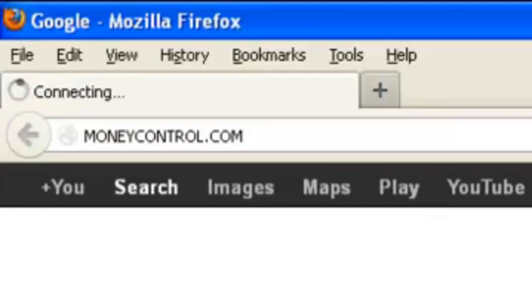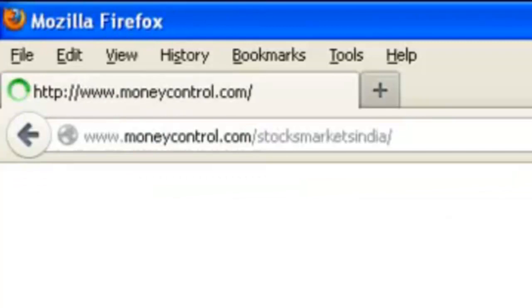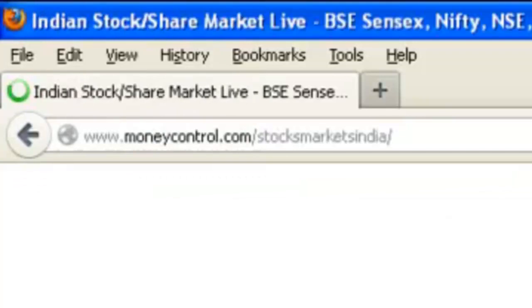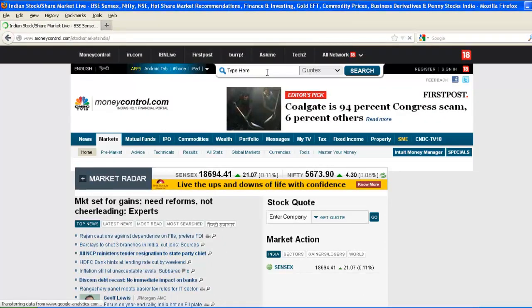Moneycontrol.com will give us data about share price and financials. Most of this data is available in paid databases like Prowess, Capitaline, Bloomberg. So while working in a company, you will have access to these databases.